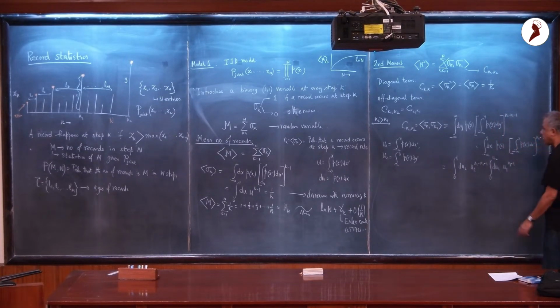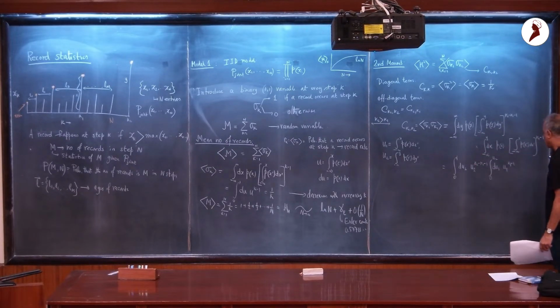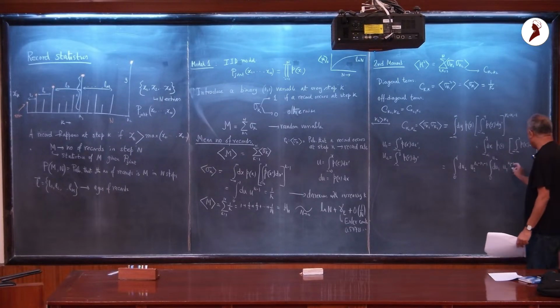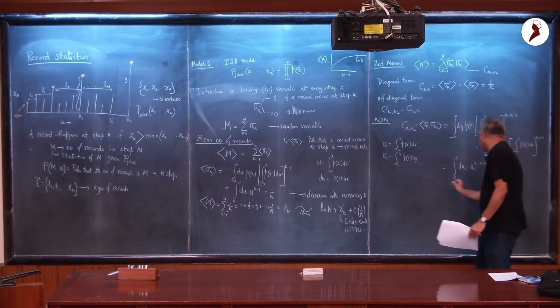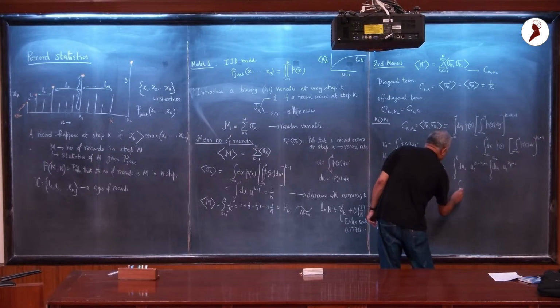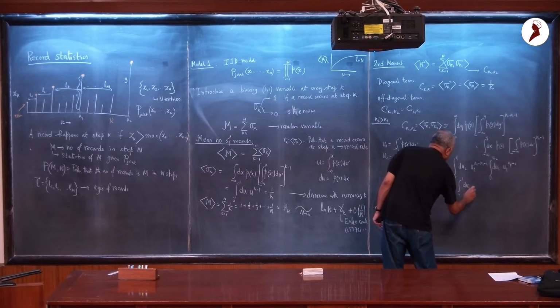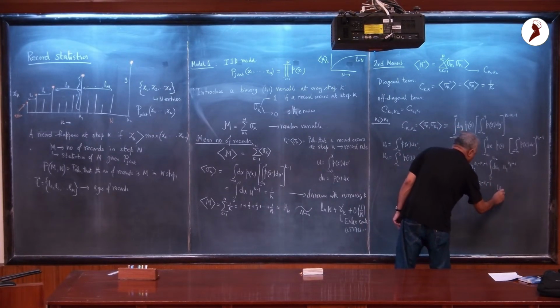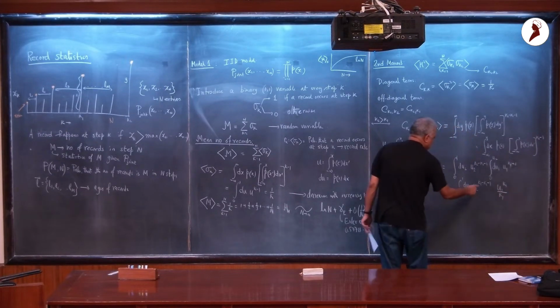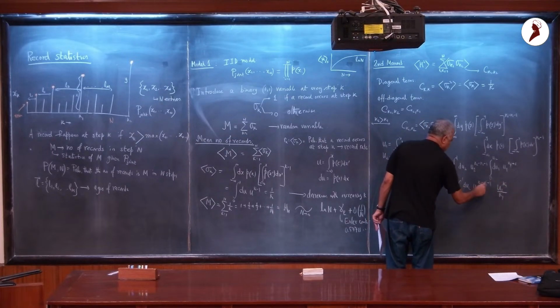Okay. This is exactly the same trick. And so this guy, when you do, so this integral gives me u2 to the power k1 divided by k1, and this power cancels with that.